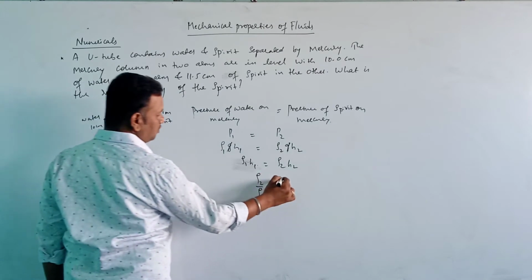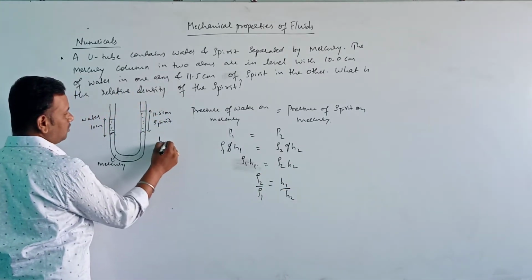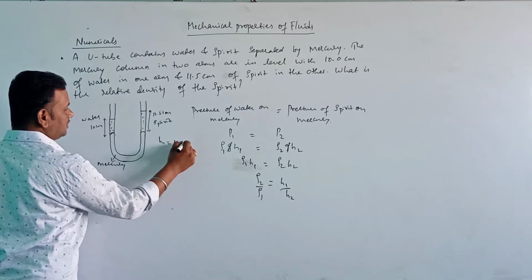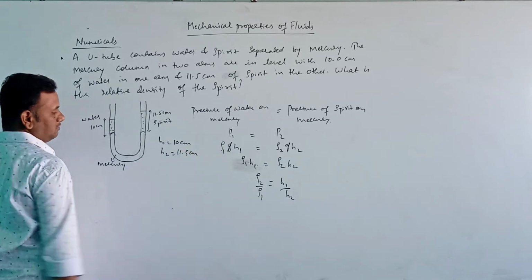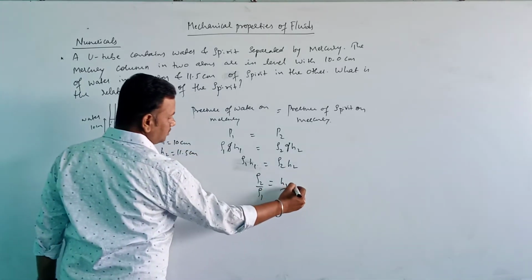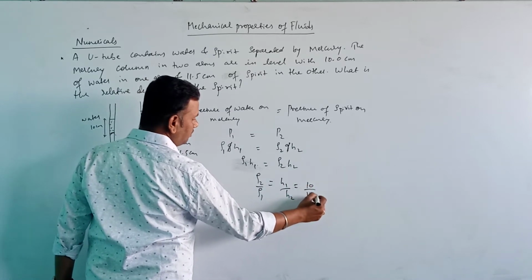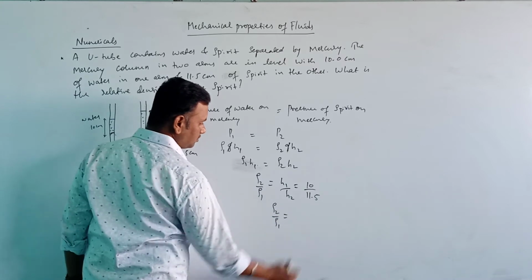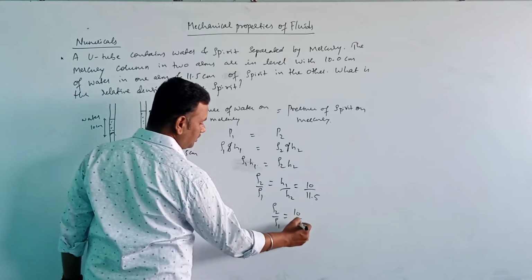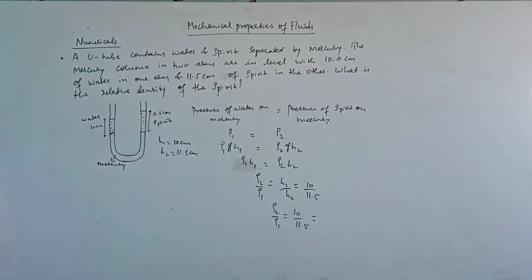So rho 2 by rho 1 is equal to H1 by H2. As here H1 is how much? 10 centimeter, and H2 is how much? 11.5 centimeter. So rho 2 by rho 1 is equal to 10 divided by 11.5.